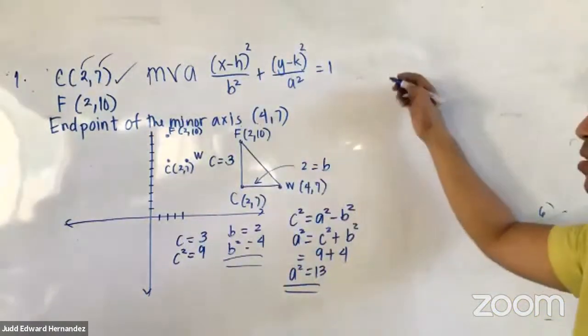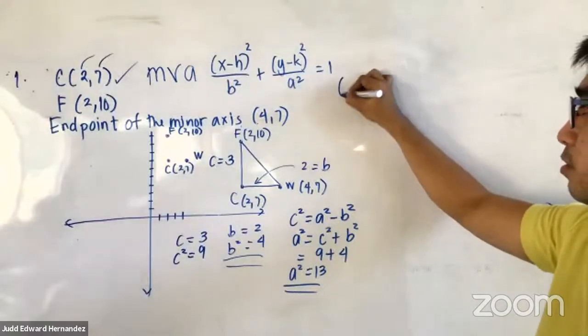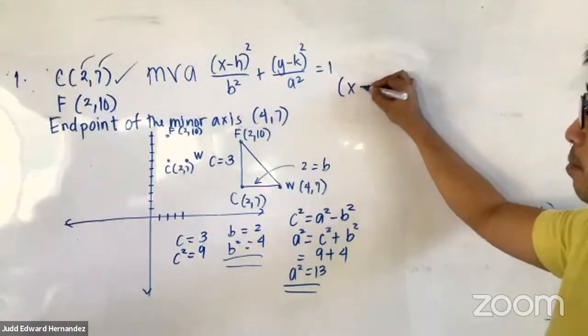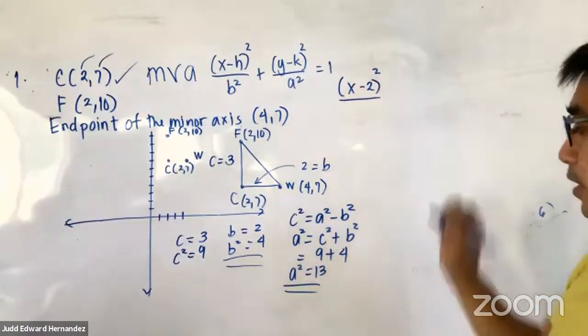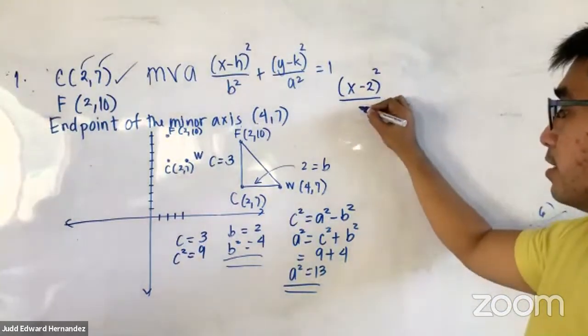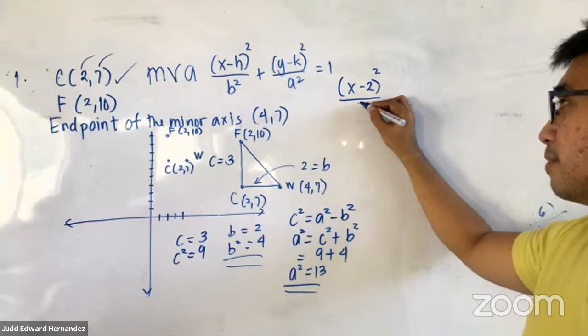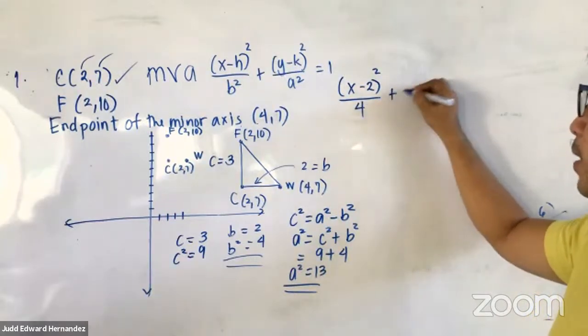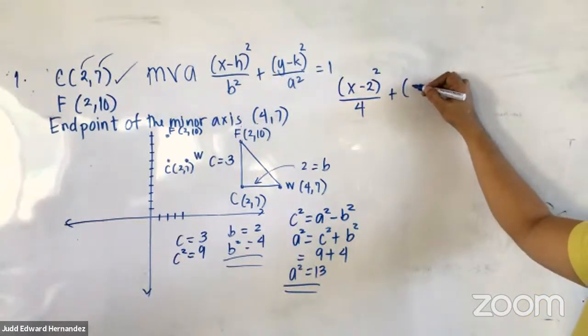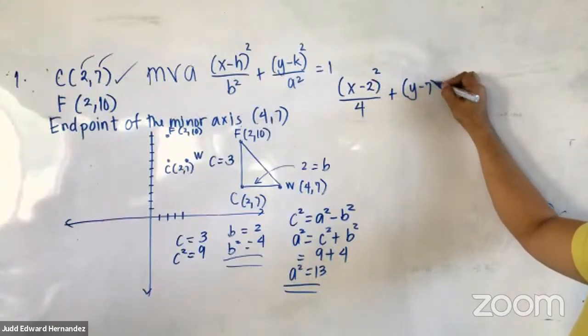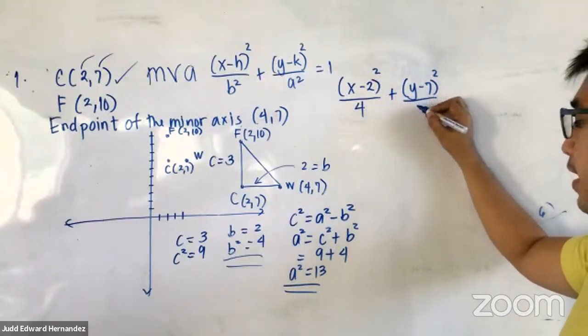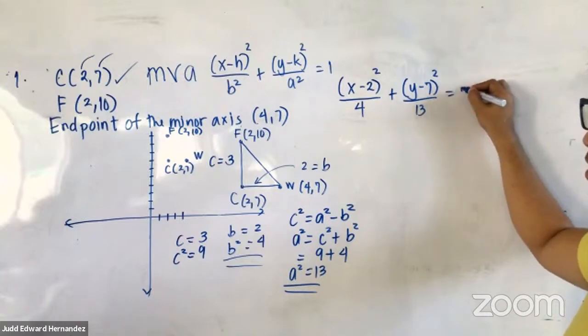Therefore, this becomes, okay, let us now try to substitute. We'll now be having (x minus 2) quantity squared over what is our b squared? Our b squared is 4, plus (y minus 7) quantity squared over our a squared, which is 13, is equal to 1.